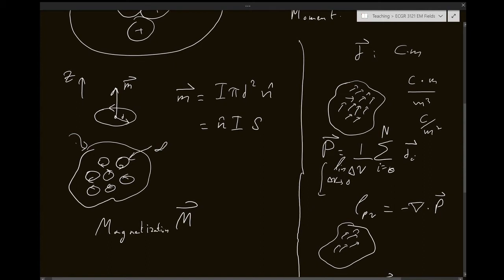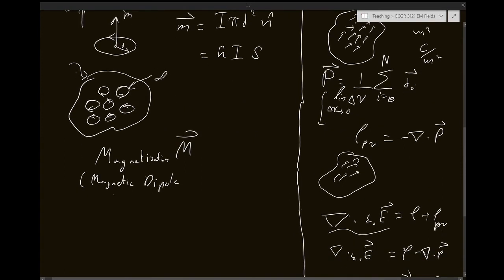Similar to the case where polarization is just the electric dipole density, magnetization is just the magnetic dipole density in space or in the medium. Right? So how do we define it? M equals, I'm defining it over a certain volume.